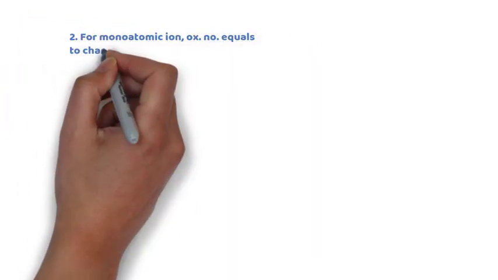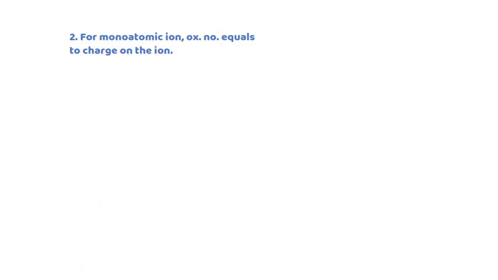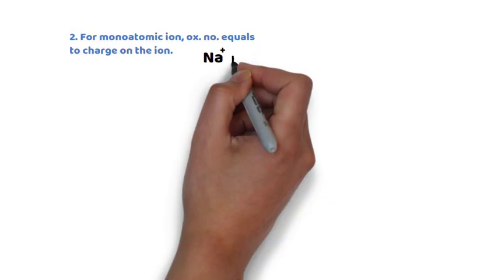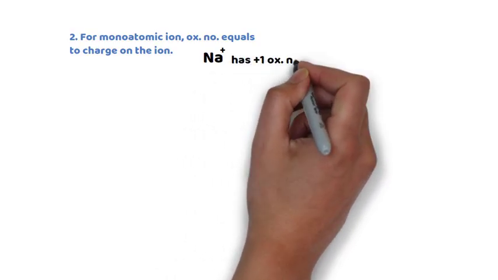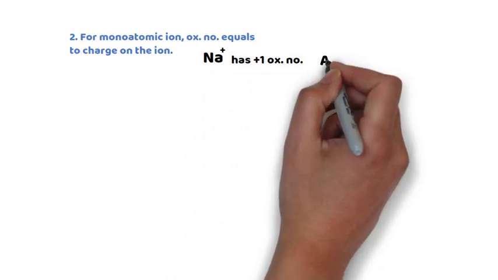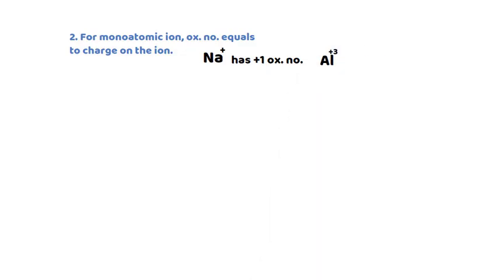The second rule for assigning oxidation number. Monoatomic ions are ions that are made from only one atom. The oxidation number is equal to the charge on the ion. Sodium ion has +1 charge, therefore its oxidation number is +1.